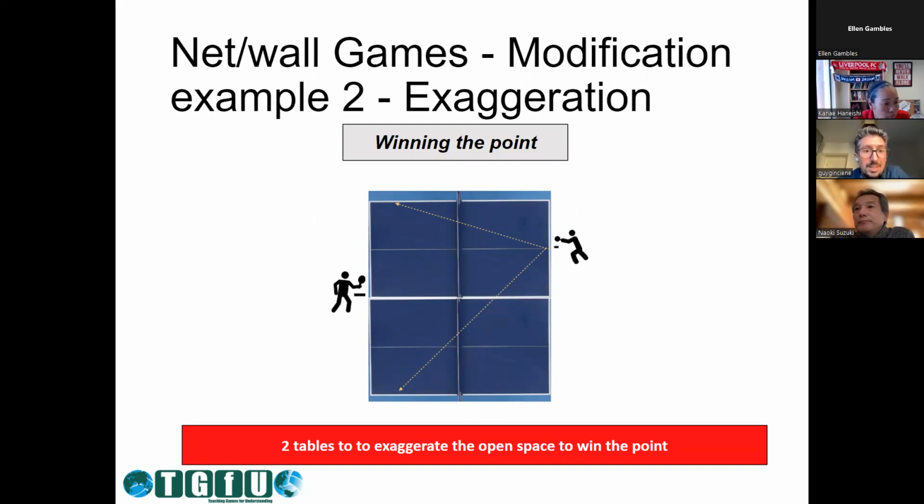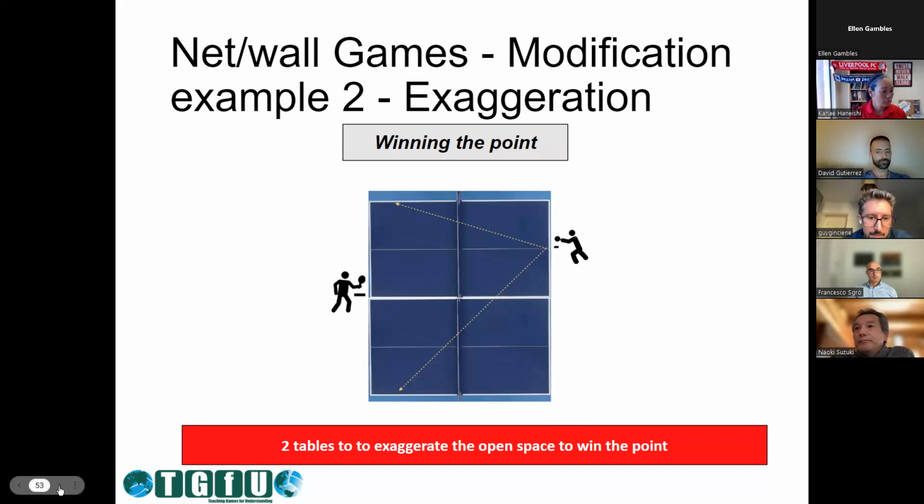So students can see the open space and try to hit the ball in this open space. For me, it's very easy, but for beginners, it's not so obvious to see and to throw or hit the ball in this open space.